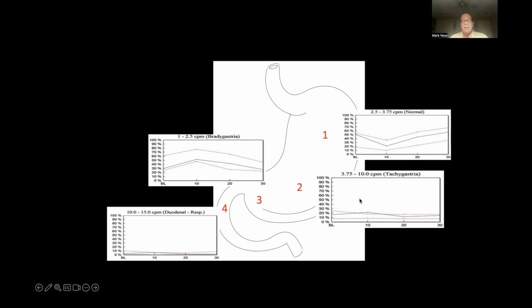And then finally, the tachygastria, which are your re-entry rhythms that occur only in the absence of the 3 cycle per minute activity. So what we are seeing when we look at an electrogastrogram and its result is exactly what's happening with each region of the stomach, which helps us to understand both health as well as disease.